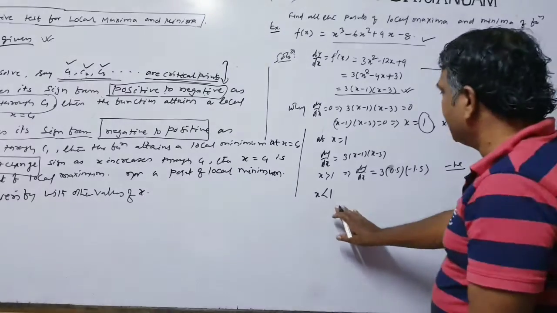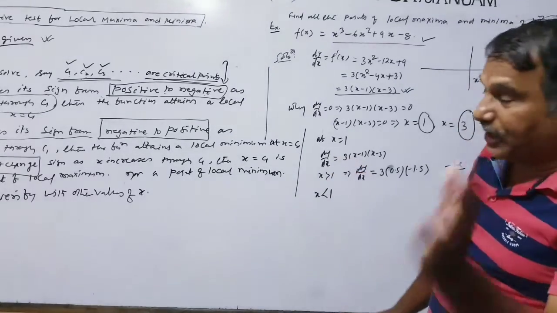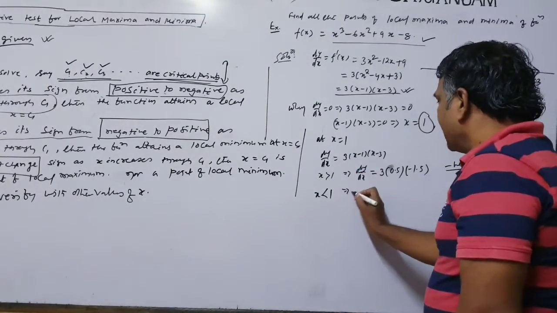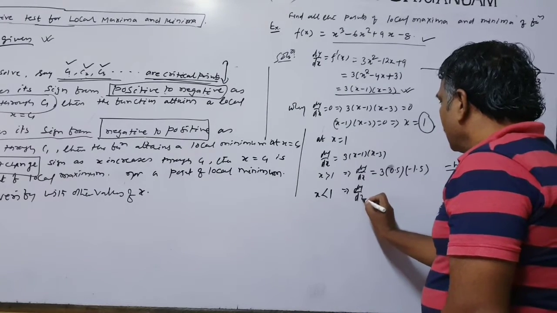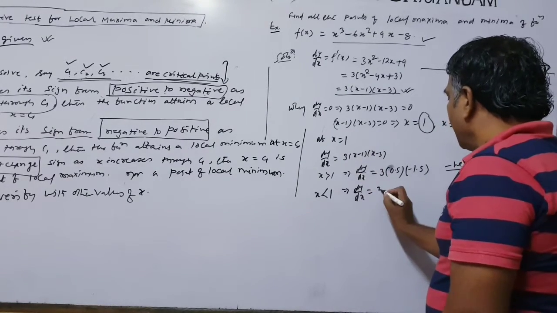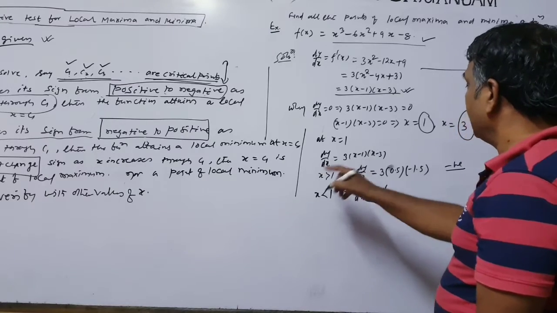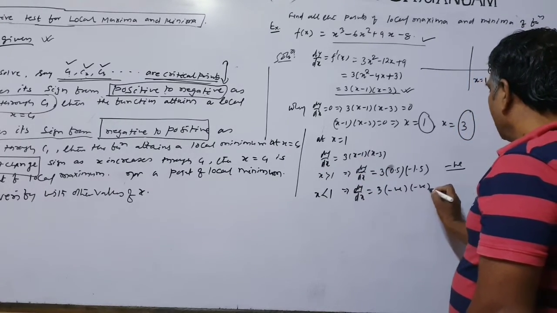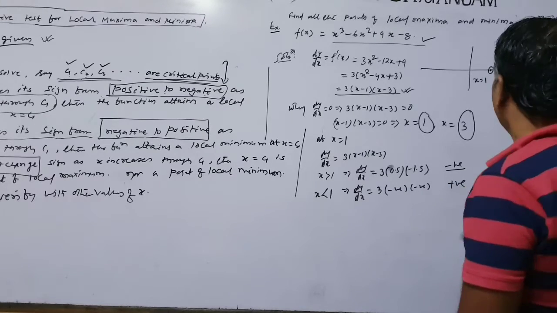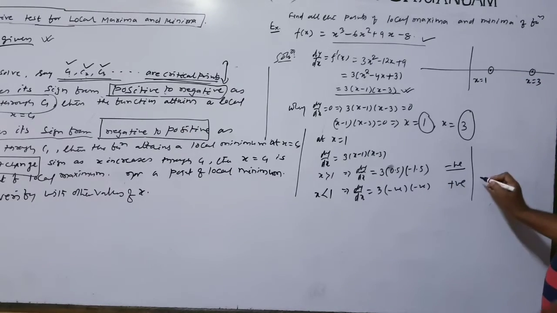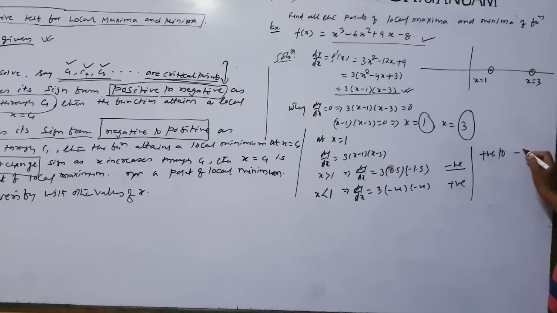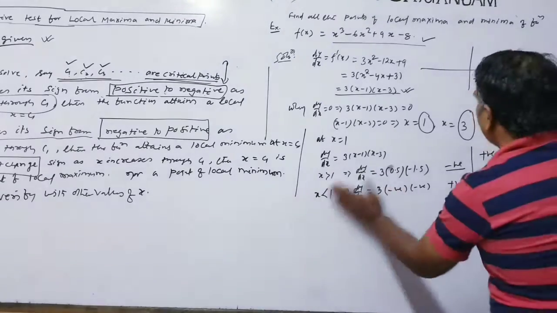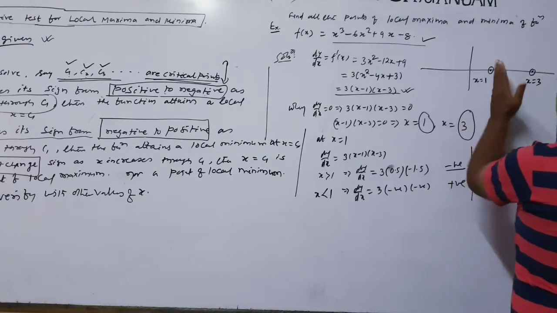Okay, less than 1 means here, let us say 0.5. Then dy by dx, how much? Let us say less than 1 means this is negative, this is also negative, so positive. So here our sign changes from positive to negative, for x less than 1 and greater than 1.